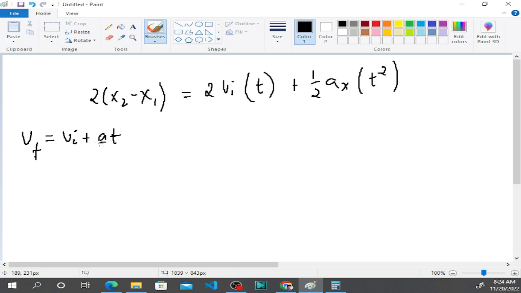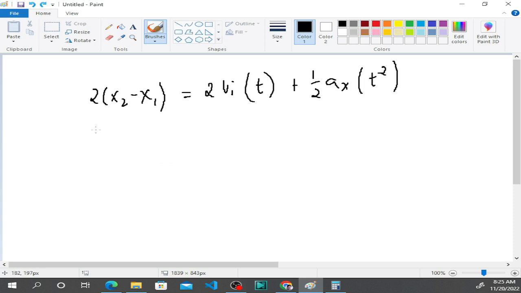So we can solve for t here, and it will give you vf minus vi all over a is equivalent to t. Alright, so it doesn't involve time here, so this is the expression that we want to substitute, so we can do that. Okay, so we'll substitute vf minus vi all over a sub x for t.